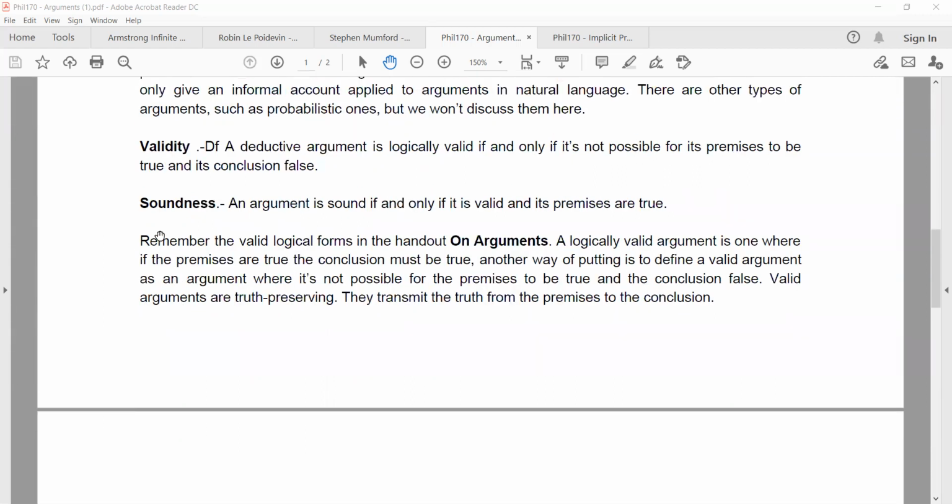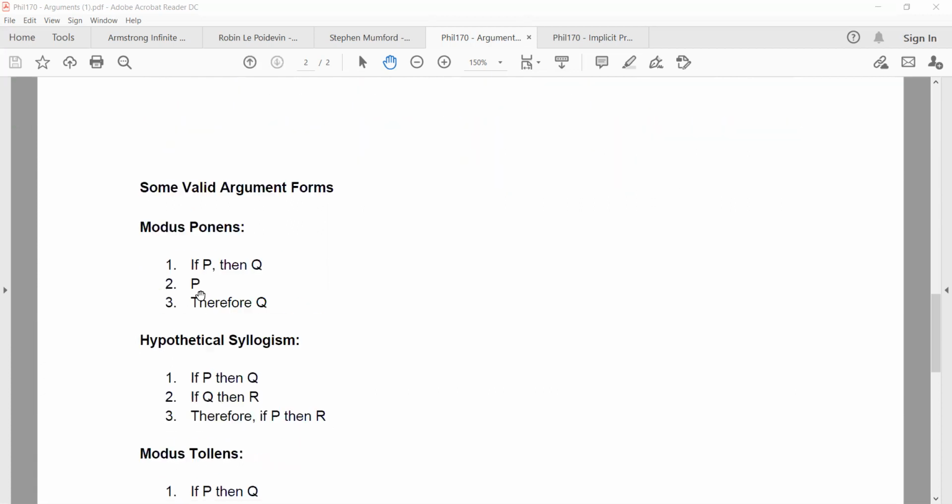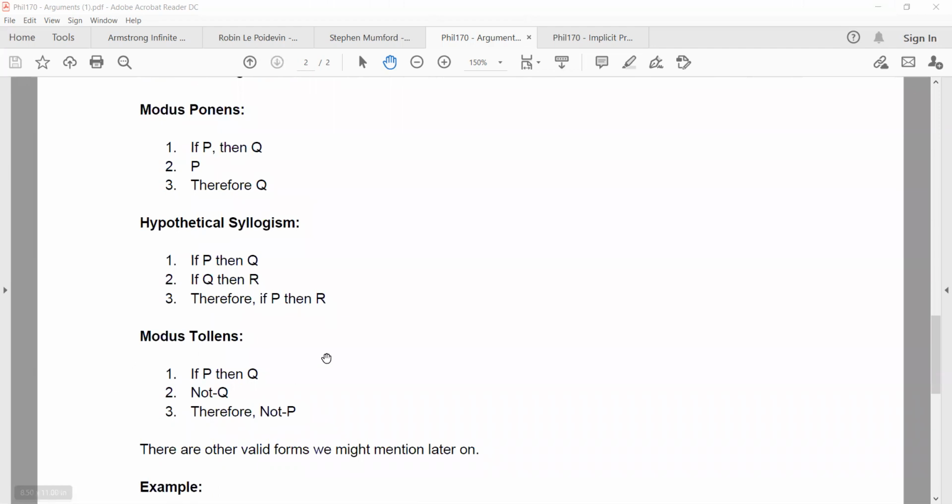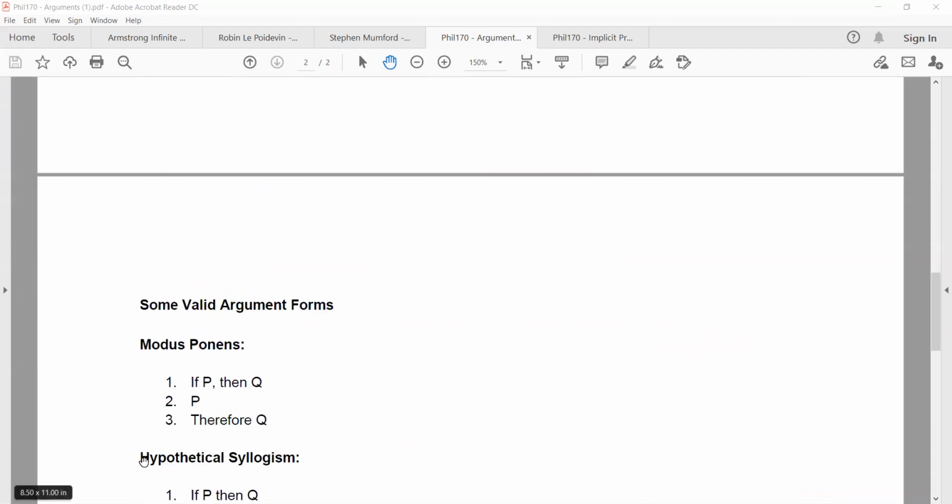Okay, so anyway, going back to the handout, an argument is going to be sound when it's valid. So number one, you must check first that it's valid. How are you going to do that? Well, again, you check if the argument is one of modus ponens, hypothetical syllogism, or modus tollens. And at some other point, we're going to be looking at other logical forms. So we are going to check first if the argument fits one of these patterns of inference.